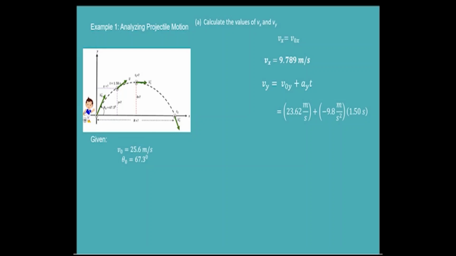We cancel out the unit seconds here so that the remaining unit for this term is only meters per second. Simplifying, we have 23.62 meters per second minus 14.7 meters per second. Our v sub y is equal to 8.917 meters per second. So that is now our x and y components for the velocity vector.